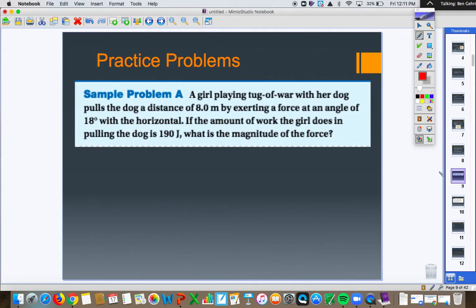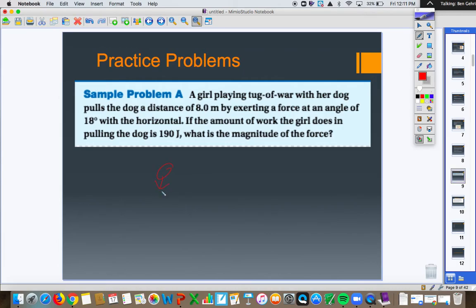A girl is playing tug of war with her dog and pulls the dog a distance of 8 meters by exerting a force at an angle of 18 degrees with the horizontal. If the amount of work the girl does in pulling the dog is 190 joules, what is the magnitude of the force?